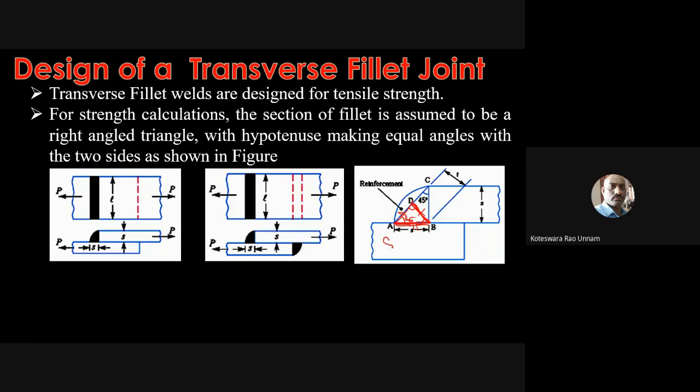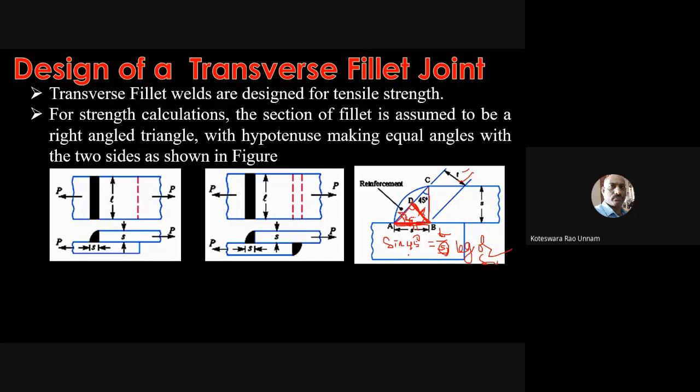So sin 45 degrees is equal to T by S, where this dimension is S, and this dimension is also S. We'll call S either the leg or the size of the weld.